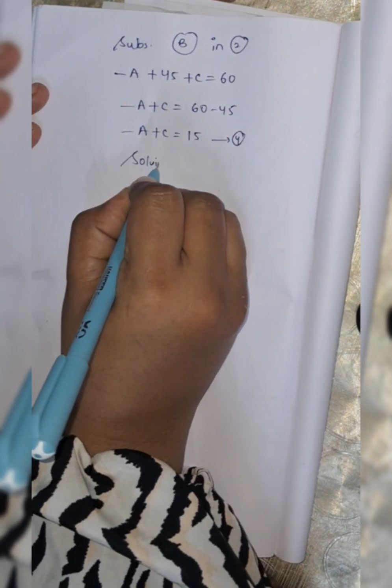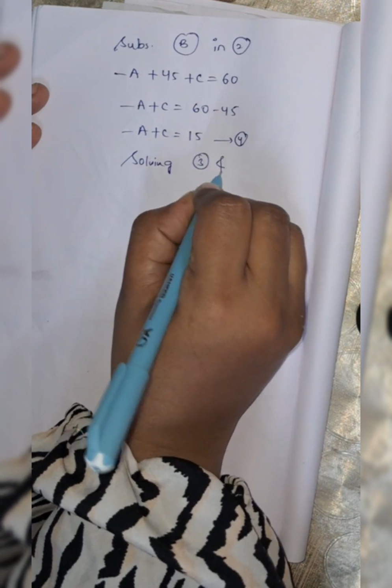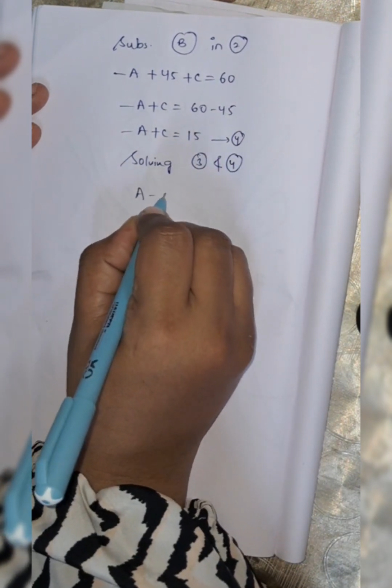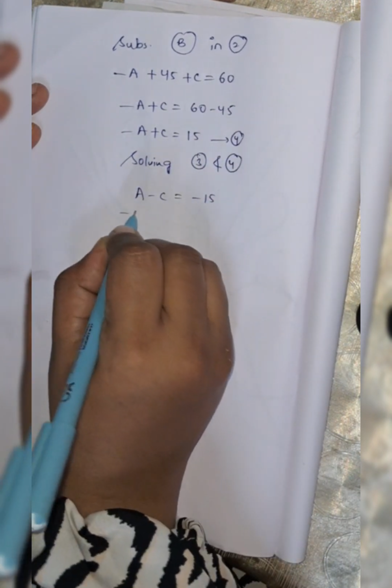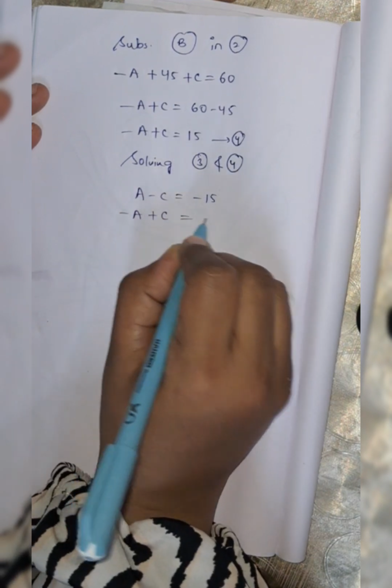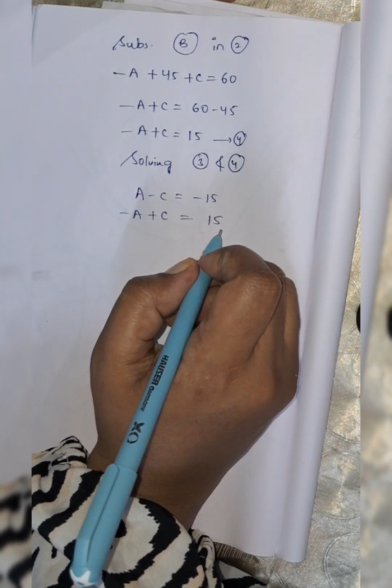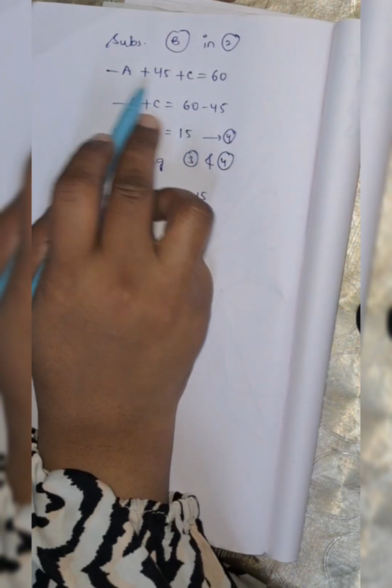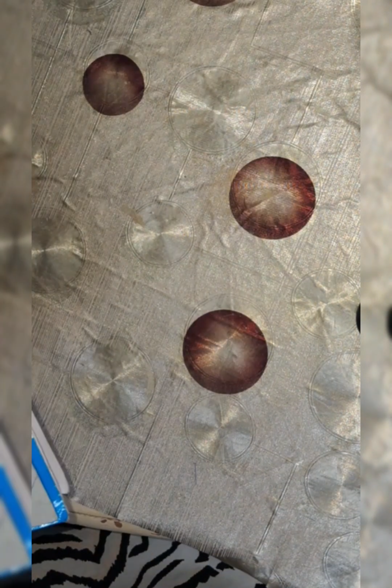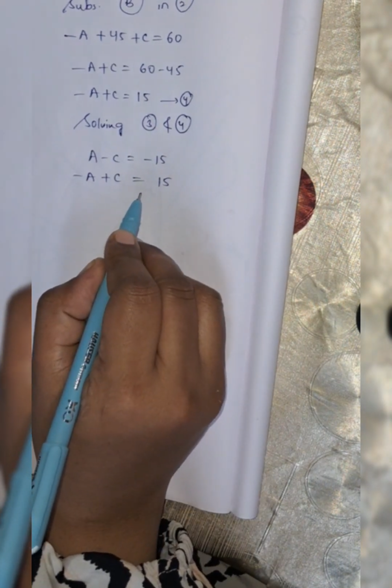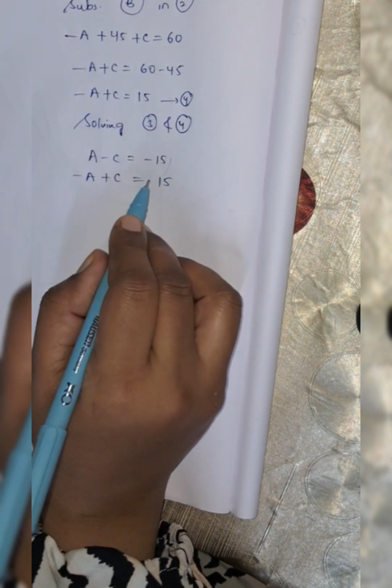So solving 3 and 4: A - C = -15 and -A + C = 15. Here the solution is not going to come, because all of this will be cancelled.